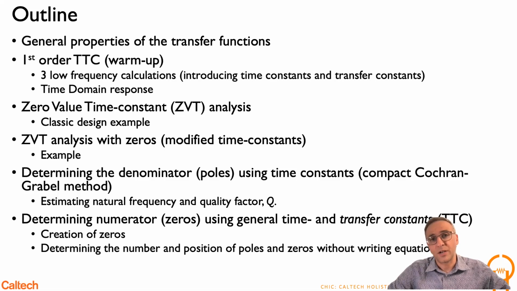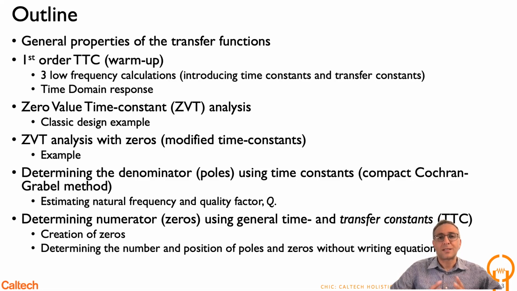Then we'll talk about the numerators. In general, you can determine the numerator using a combination of time constants and what we call transfer constants, which are basically low frequency transfer functions that involve no reactive elements from the input to output. So this can be low frequency gains or low frequency impedances and things of that sort.